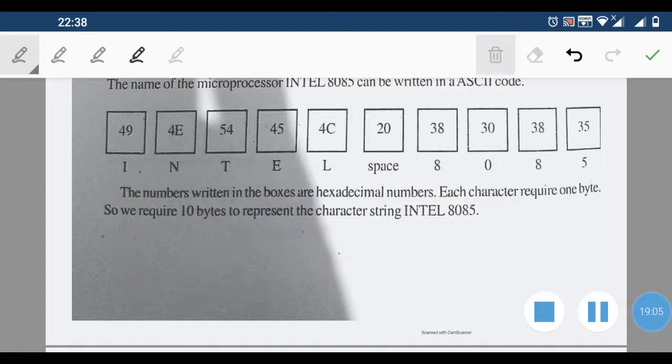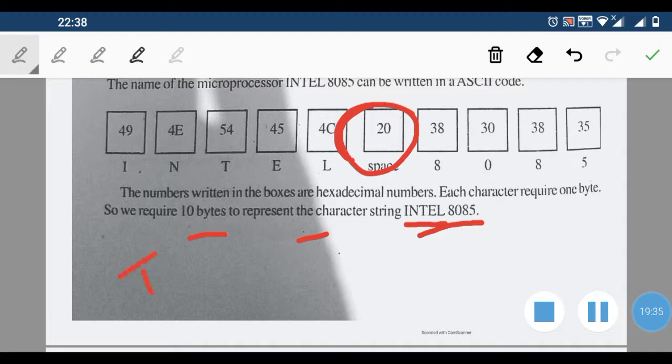We require 10 bytes to represent the character string Intel 8085. Here there are 5 characters for Intel, then one space, and for the space we need the character 20, then 4 more for 8085. So a total of 10 bytes are needed.